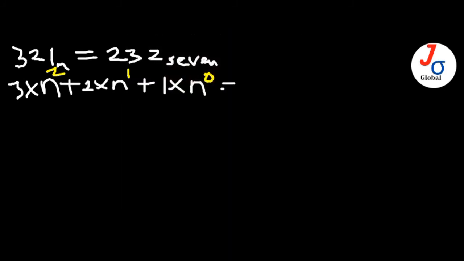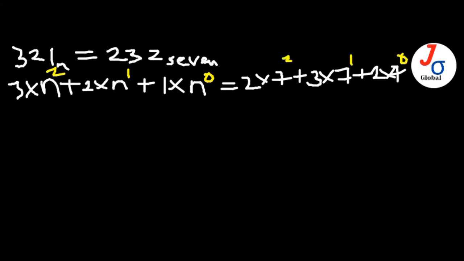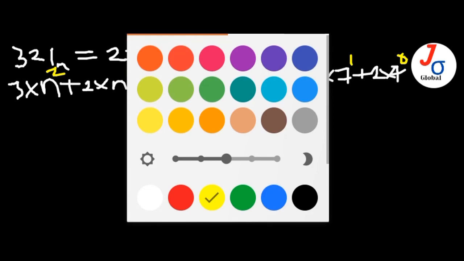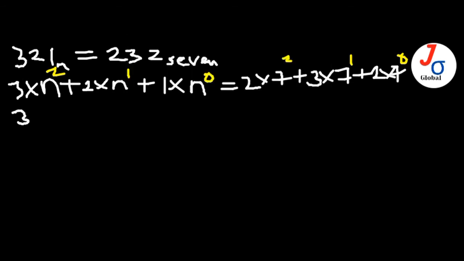And that equals to, convert this also to base 10, that's 2 multiplied by the base 7, plus 3 multiplied by the base 7, plus 2 multiplied by the base 7, with powers 0, 1, 2. Okay, then continue. That's 3n squared plus 2n plus 1. N raised to power 0 is 1, times 1 is 1.